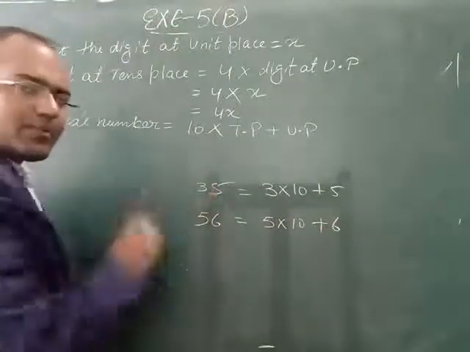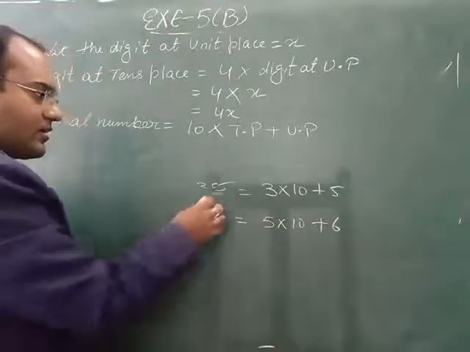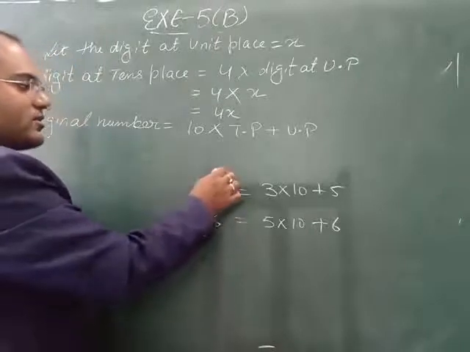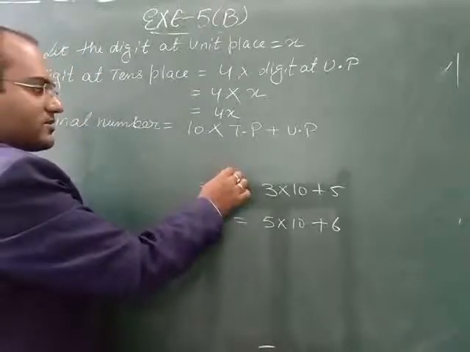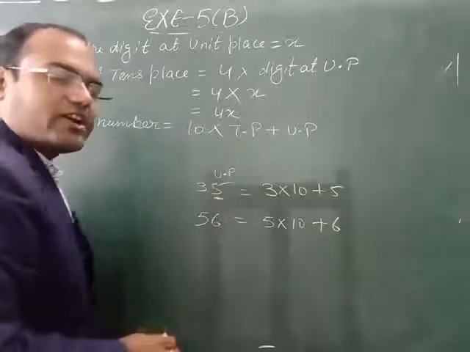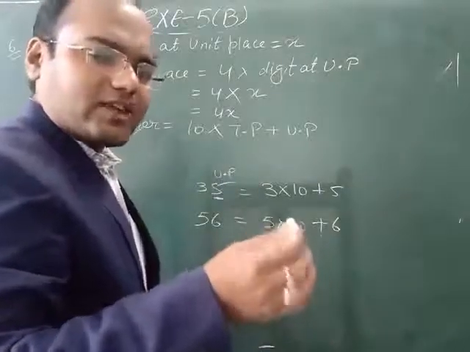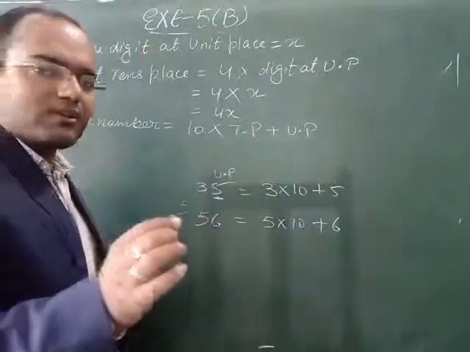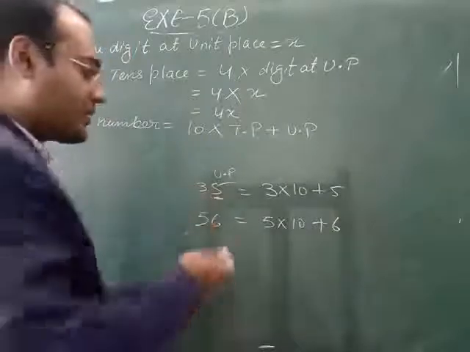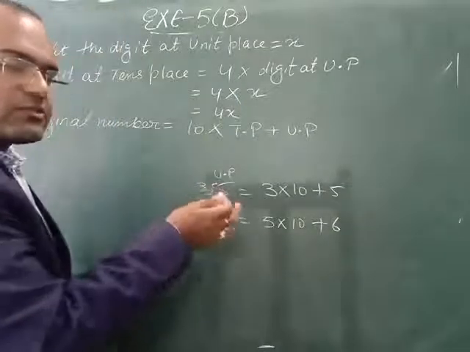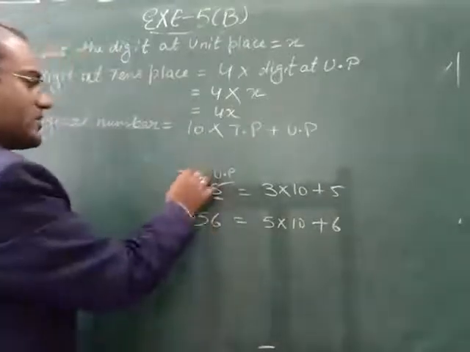In both the examples you will observe this place is the unit place, unit or ones place. Ones, tens, hundreds, thousands you had already studied in the Indian system. So this is the ones place. Ones means unit place. This is tens place.